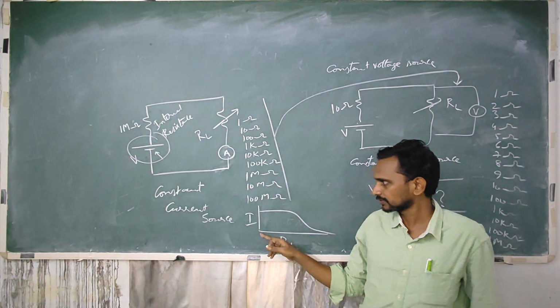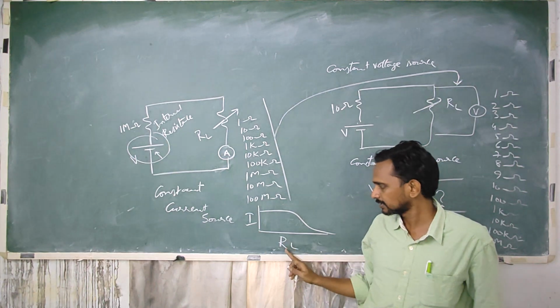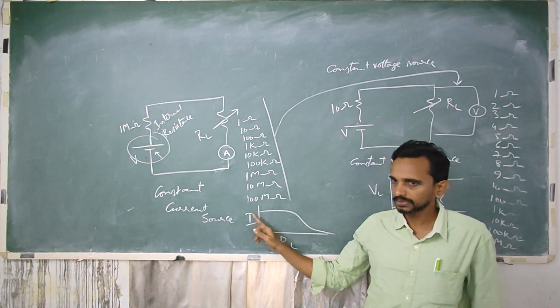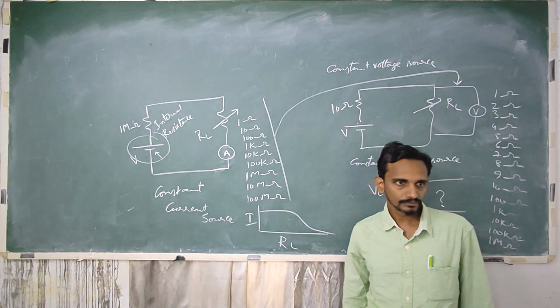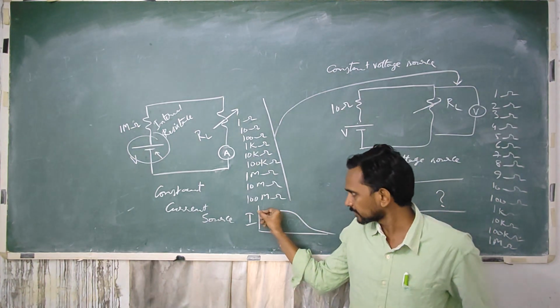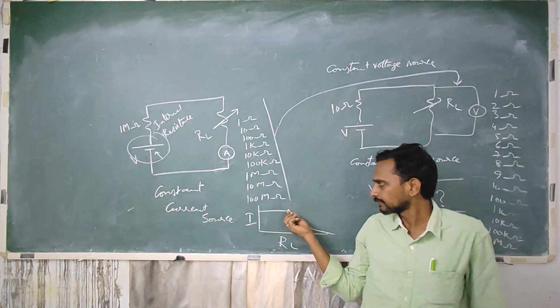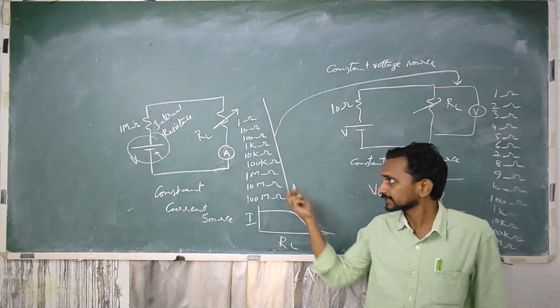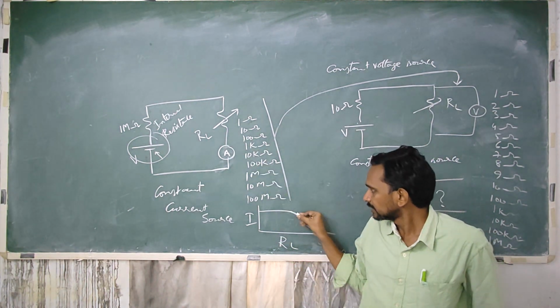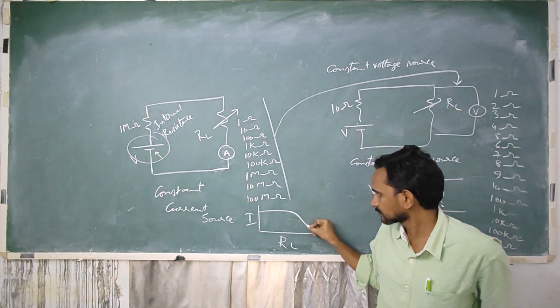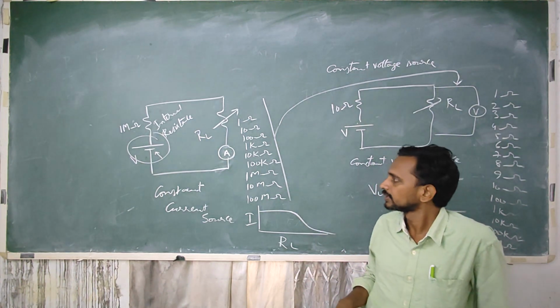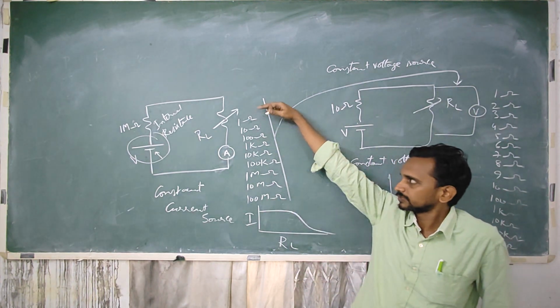I mean, if you plot a graph for RL, load resistance value versus current through it, for all smaller values of load resistance, current remains constant, and when it approaches the value of internal resistance 1 mega ohm, current starts reducing. So that is what we can observe in this.